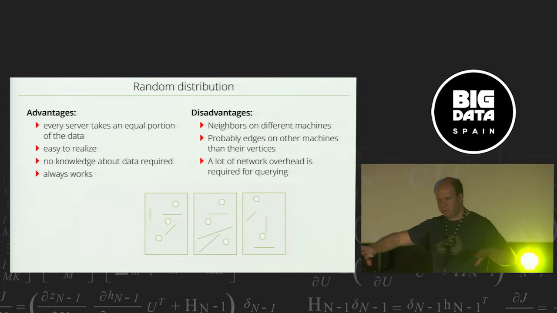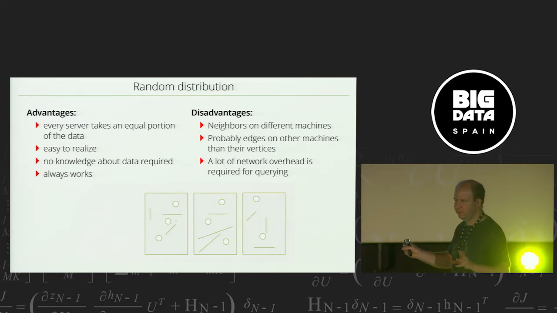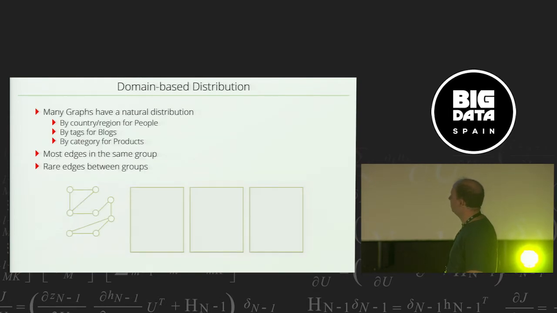It leads to a nice uniform distribution if you choose your hash function correctly. But imagine you have to do a graph traversal here. You find your starting vertex here. Now you have to ask everybody what are the outgoing edges from this thing. A lot of network communication, nothing will really work. A lot of network overhead, very slow results. Now, what is the answer to that?